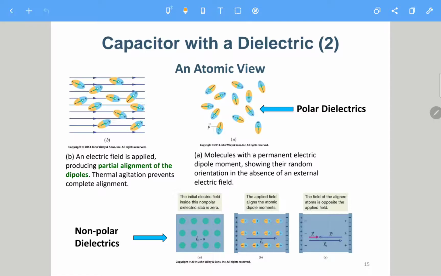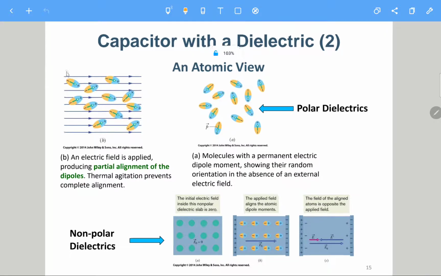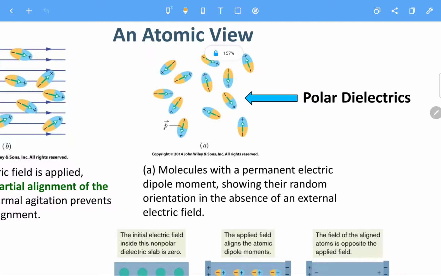So you can imagine inside the dielectric there are many dipoles. If there is no electric field going through it, then they will not align.